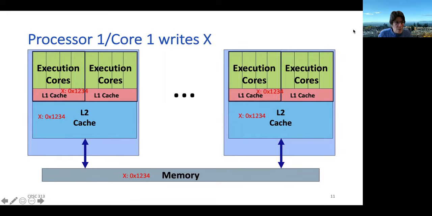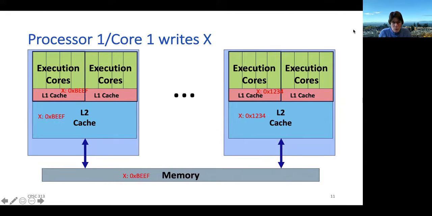But now what happens when processor 1, core 1, wants to write X? Well, now we write it there, and there's this stale data sitting in the other processor's cache, right? It's there, and again, unless we do something, we have a problem, okay? This is what we call an incoherent cache here, that bad things are going on.